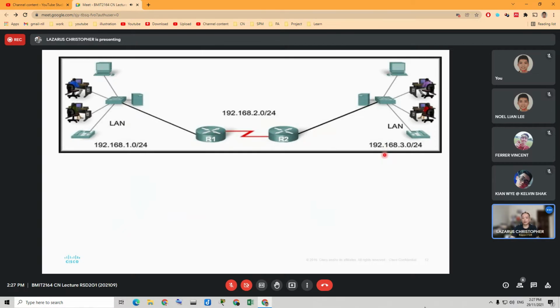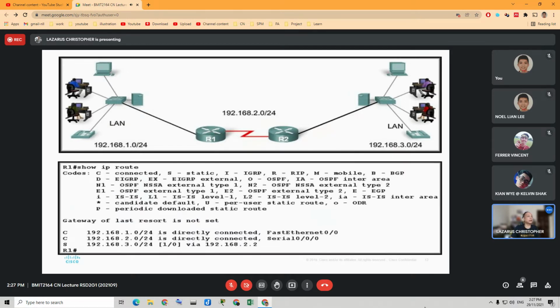So when we understand the topology, we'll try to match it with the routing table. So for R1, look at that. We are inside R1. So when we look at the show ip route routing table, we see the routing table for R1. What are the two directly connected networks? This network and this network, right?